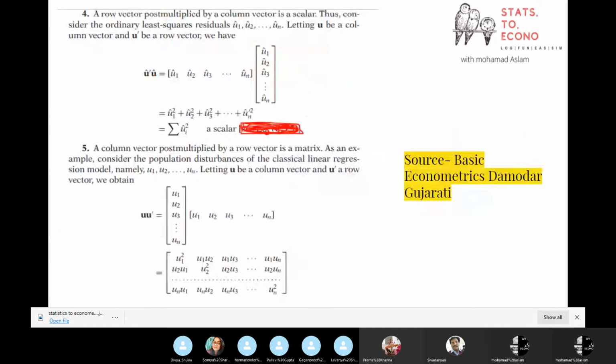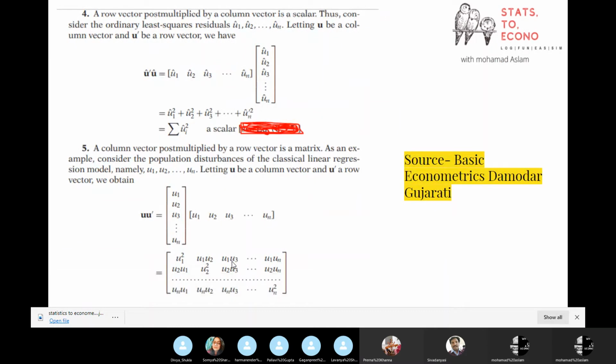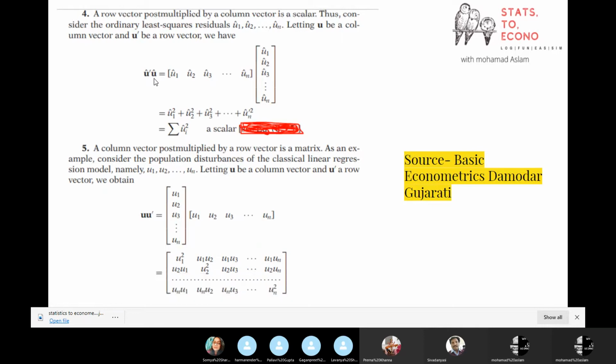If you go by u hat times u hat transpose, then you have a matrix of n by n. But summation u hat square is a single value, a scalar. That's only possible when you take u hat transpose in the first place and u hat afterwards. Then only you will get a single value, a scalar.